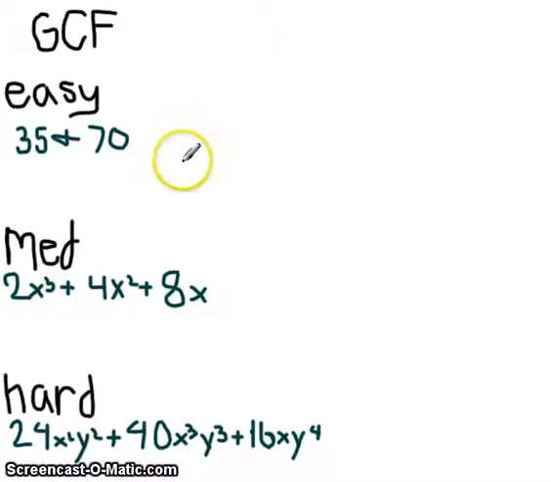Okay, so we're going to be doing GCF, and that means greatest common factor. So we're going to start off easy and try and find what the greatest common factor is that goes into both 35 and 70 evenly.